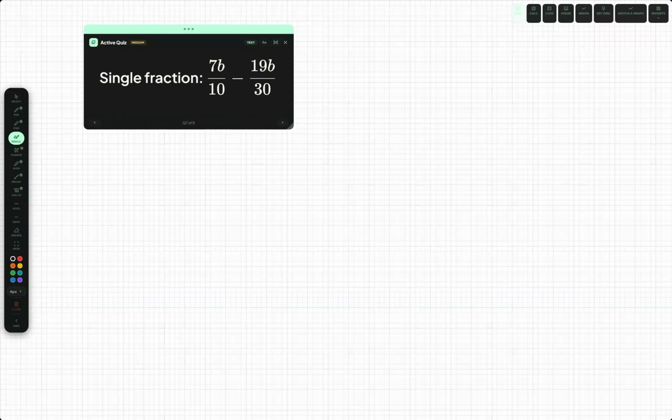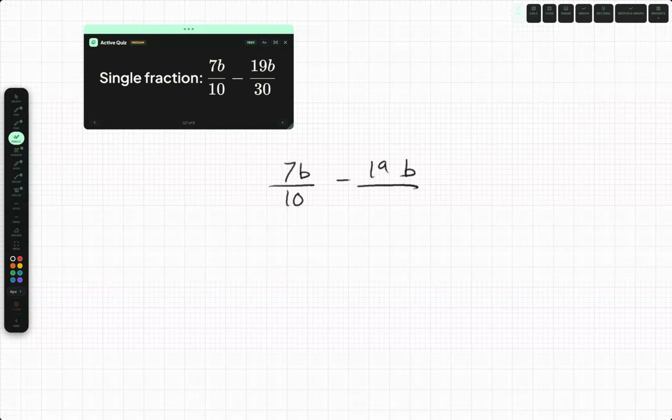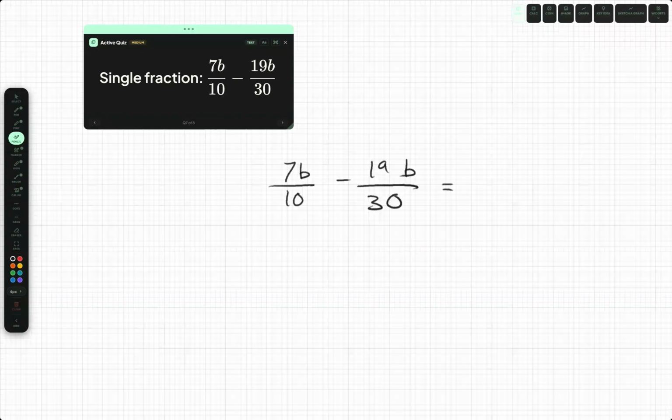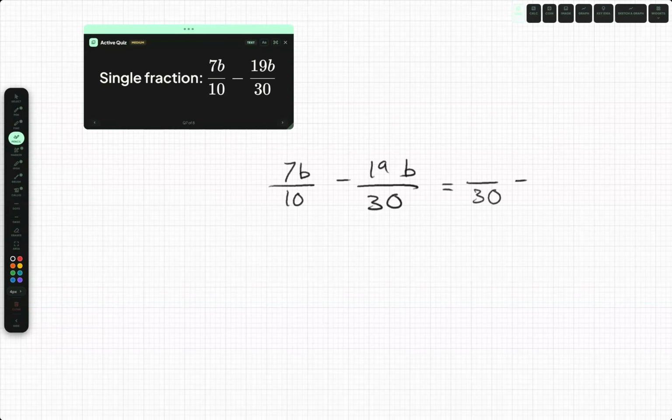All right, so next one, we have 7b over 10 minus 19b over 30. Now this one's a little bit different. We can immediately find a value which is going to be able to be used simply. We know the common multiple between these is going to be 30, so we can leave the second term exactly the same way.